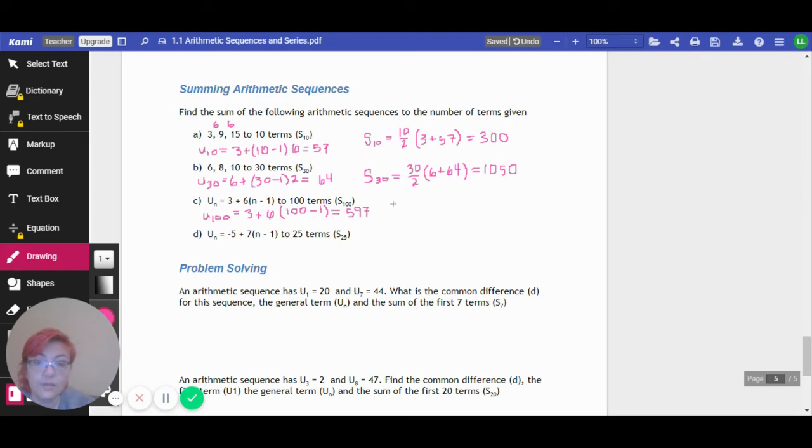So the sum of the first 100 terms is equal to n, 100, divided by 2 times the sum of the first term, which is 3, and the 100th term, 597.